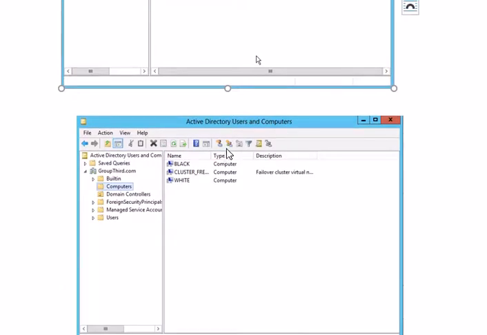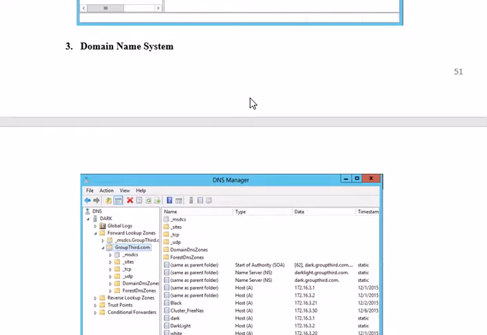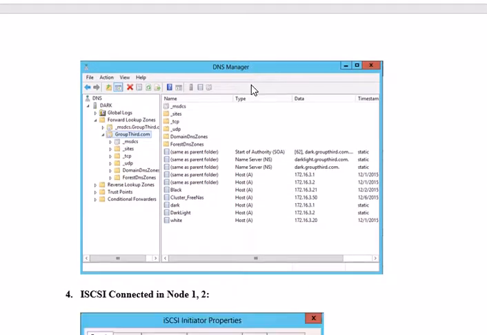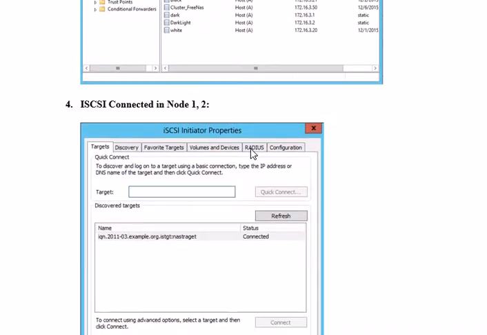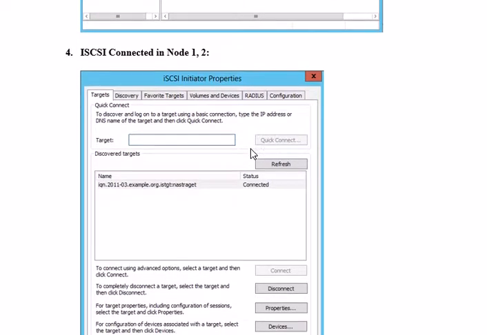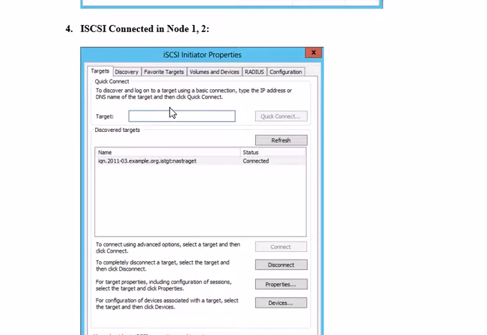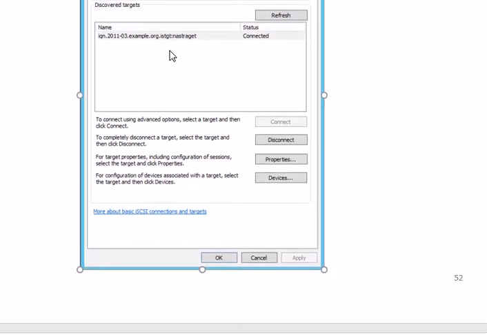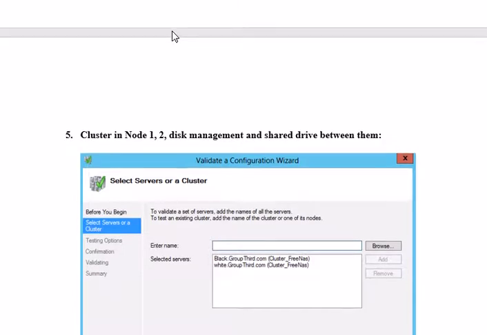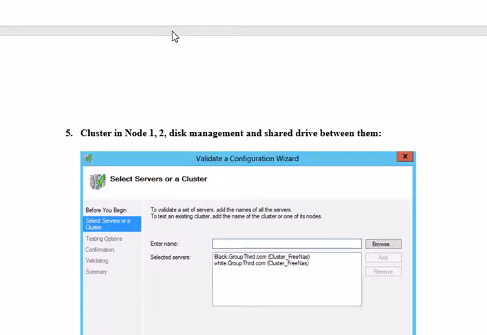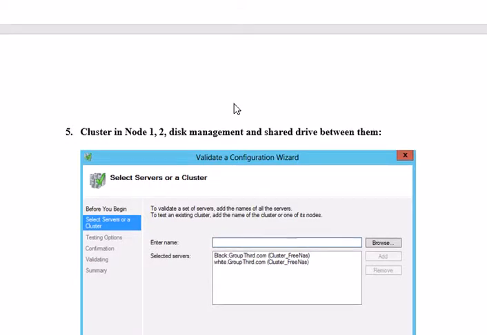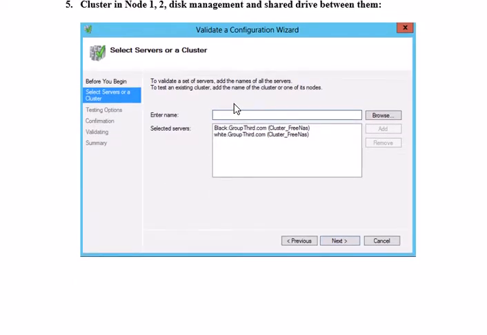Here are the screenshots as they show domain name systems. Here's the iSCSI connected in node 1 and 2. We did the cluster in node 1 and 2, and disk management and shared drive between them, as you can see here.